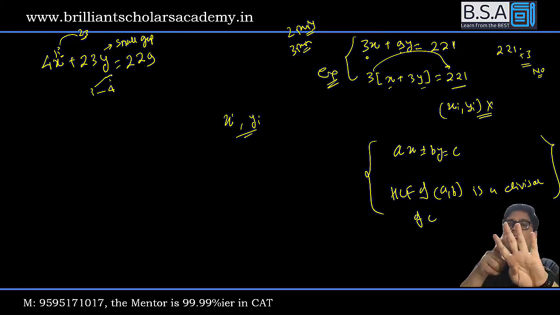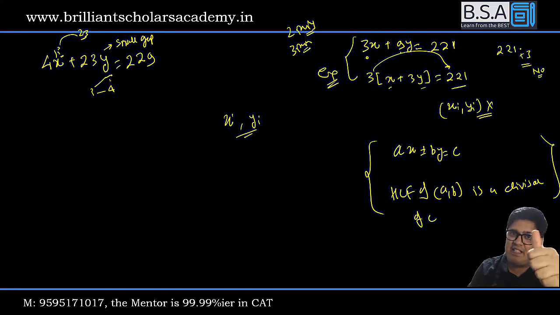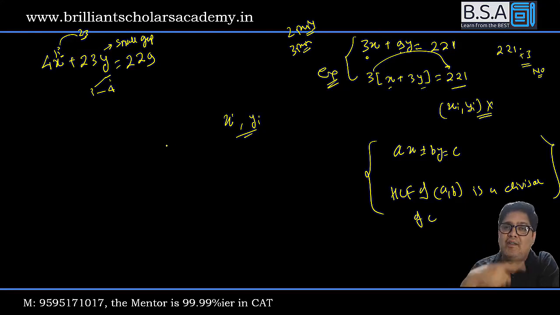Within 1, 2, 3, 4 aapko answer mil jayega. Rather than always start with 0. 0, 1, 2, 3, 4 for y, answer milna hi hai. So always replace numbers in the variable with larger coefficient. The one which has larger coefficient, usmein replace karo, jaldi answer aayega.